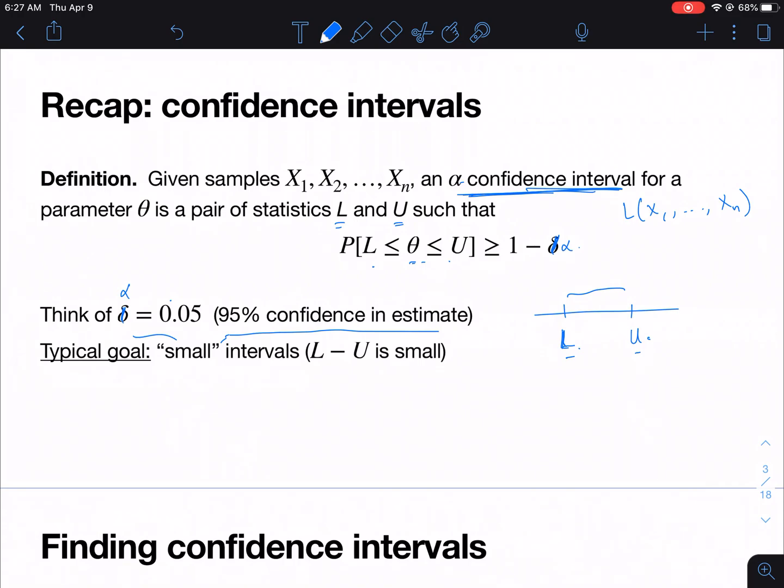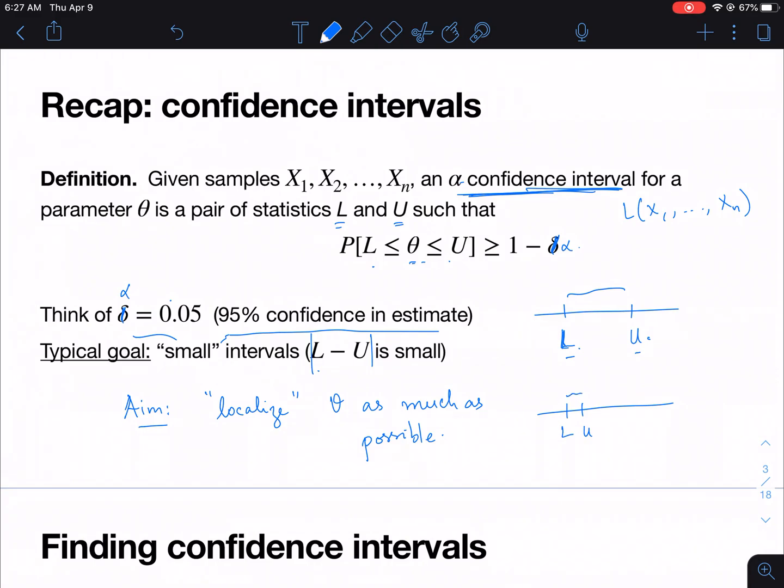Okay. And as you can imagine, you now would like to have the absolute value of L minus U to be really small, right? Because the intuitive aim is to localize theta as much as possible. And what does localizing theta mean? It means that you would like to say with a very, very high confidence that theta lies within, let's say, a very small interval.